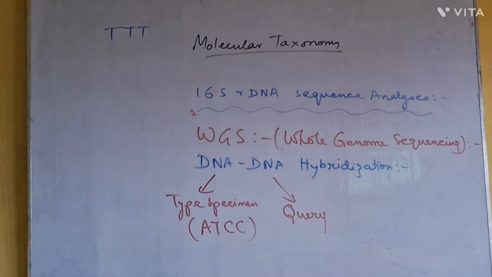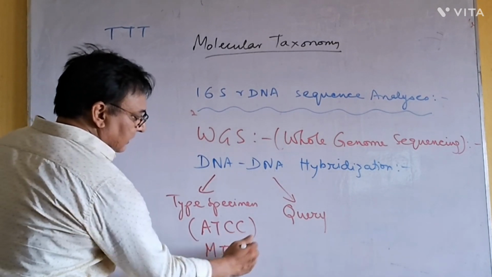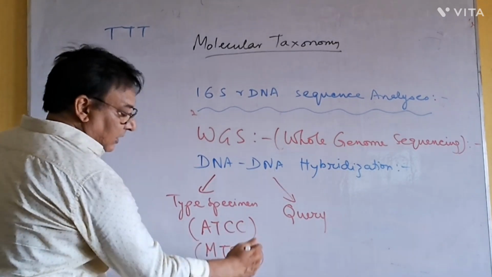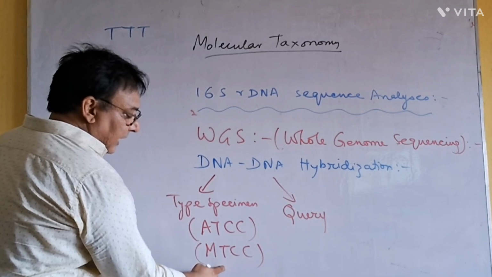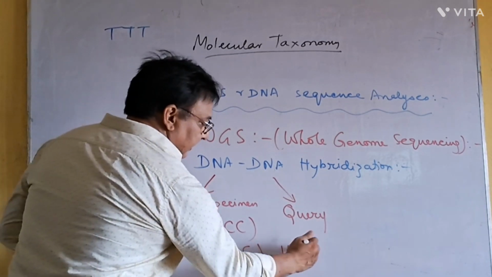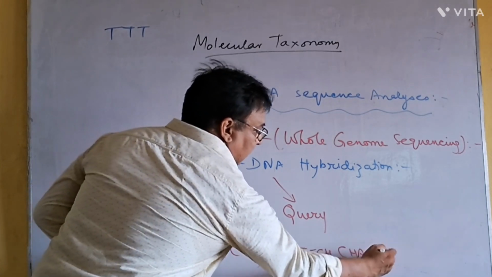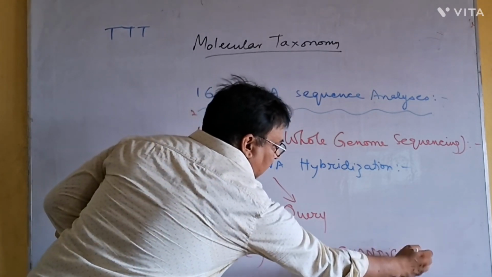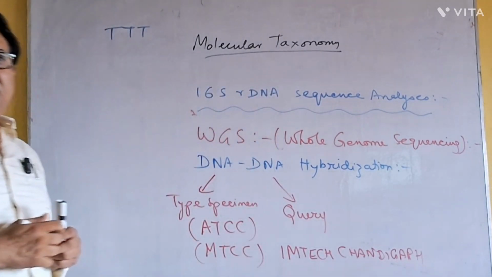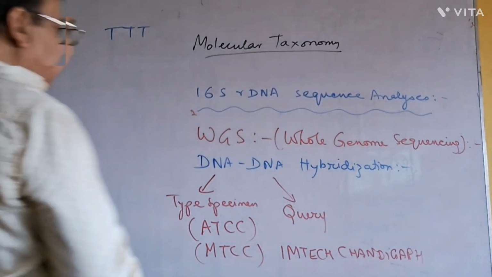In India, you will get it maybe from MTCC, Microbial Type Culture Collection. It is at IMTech, Chandigarh. And there are other places also. Good enough. You might get your type specimen from these places.